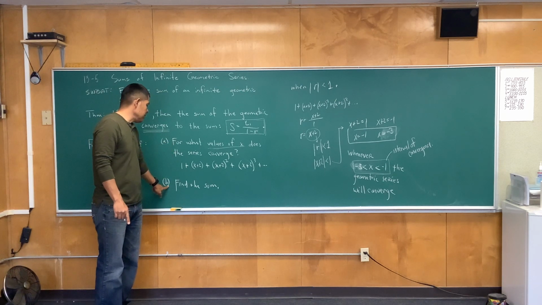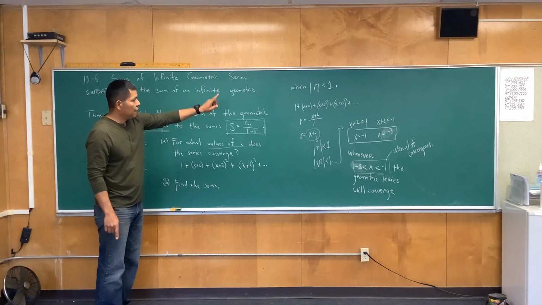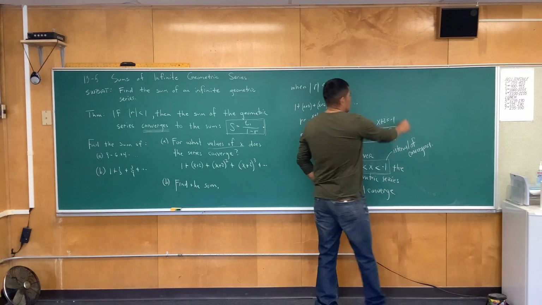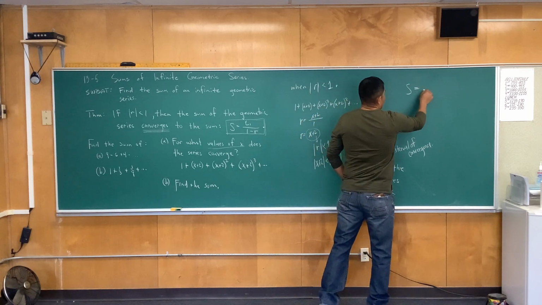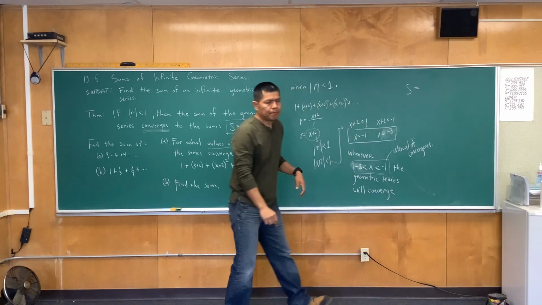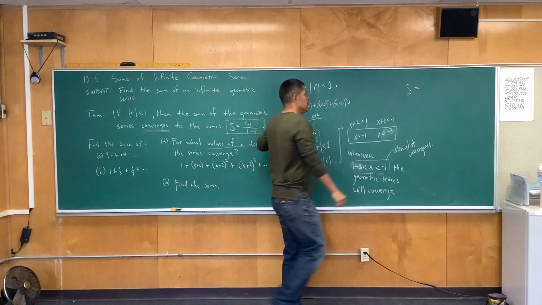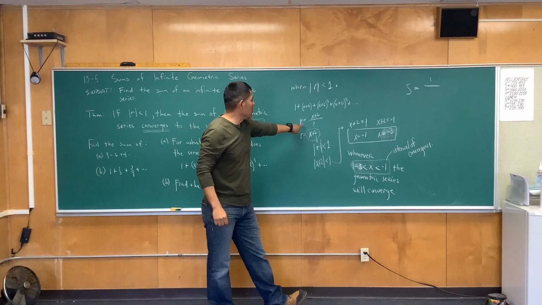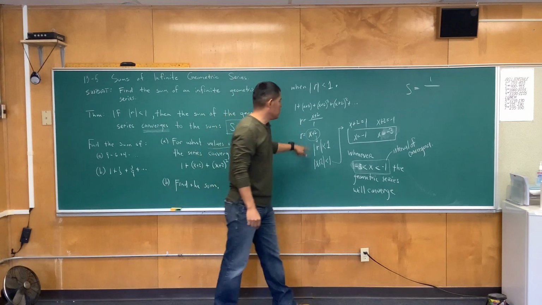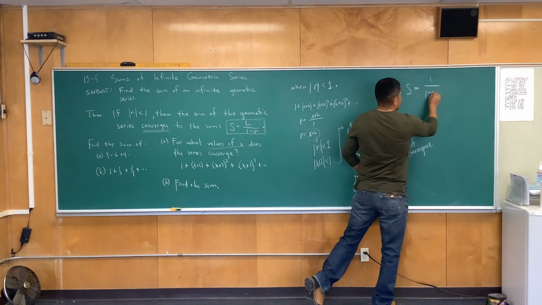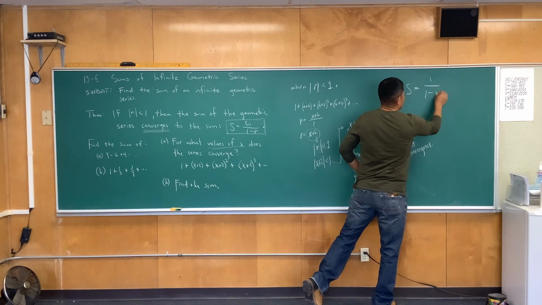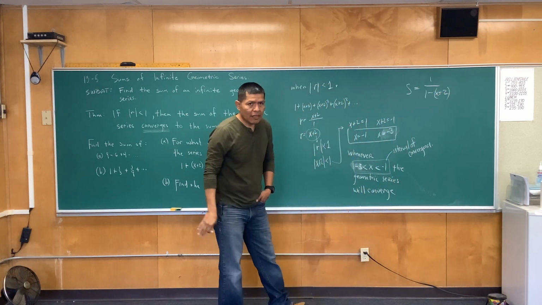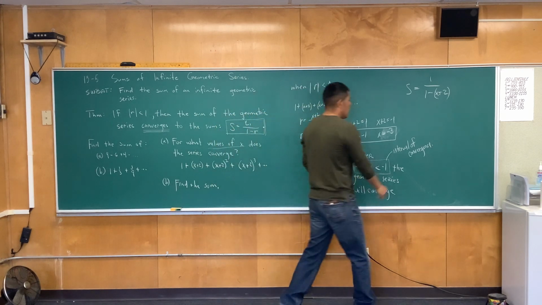Also, we will find the sum of this sequence. If we're looking for the sum, we take our first term, which is 1, and divide by 1 minus our ratio, which is x plus 2. Then we just solve this algebraically.